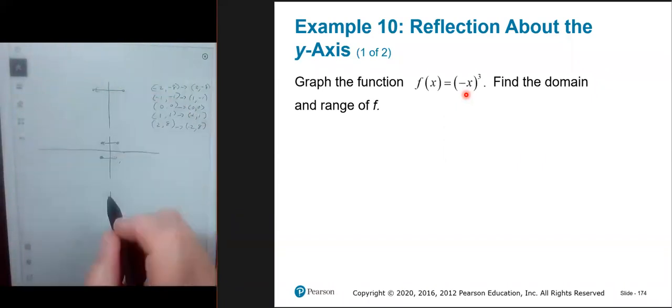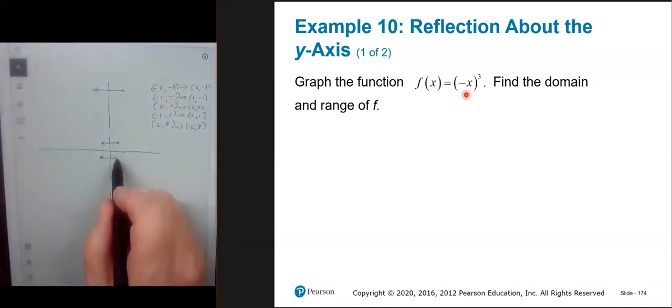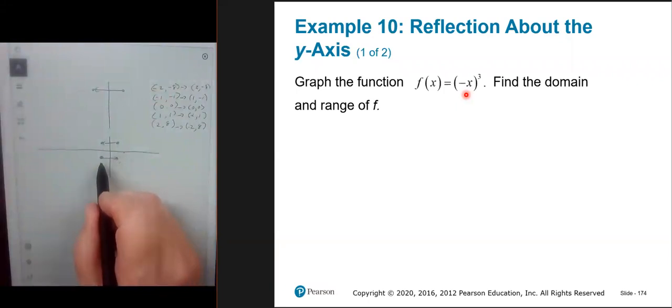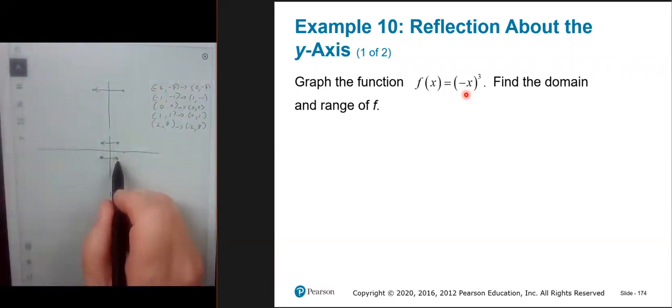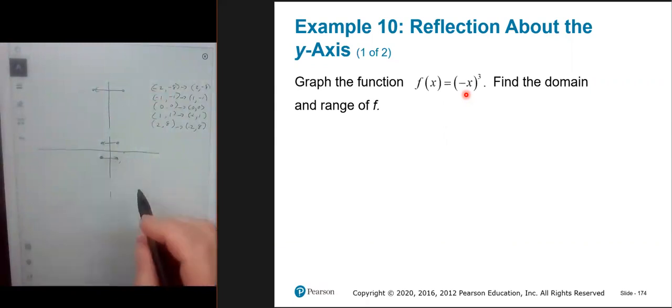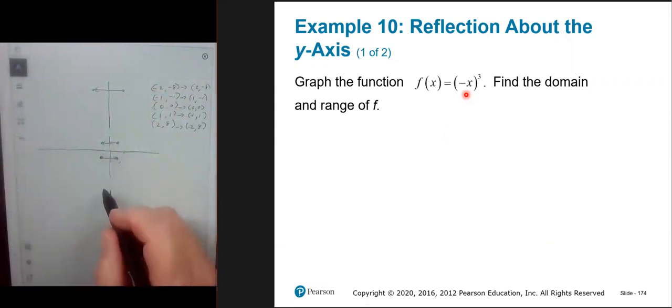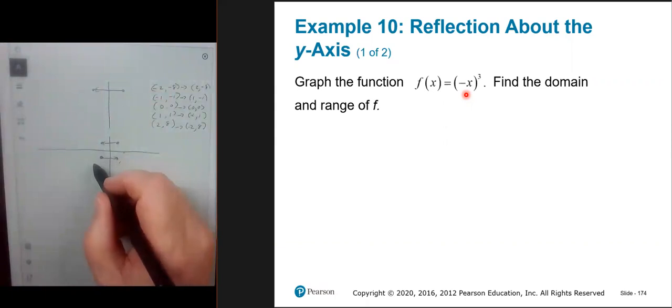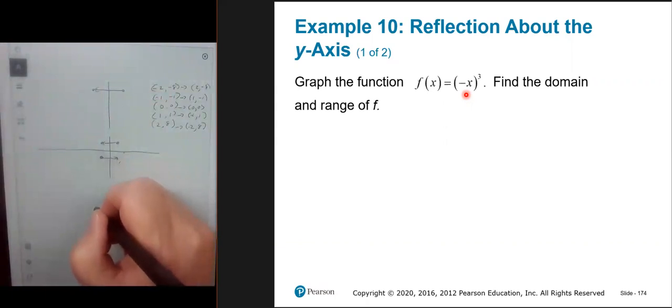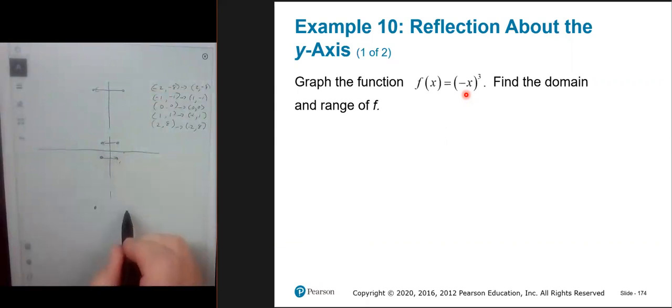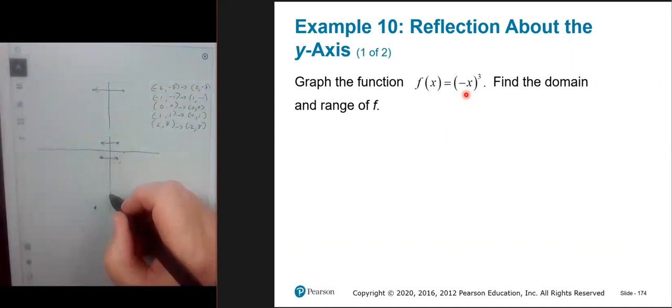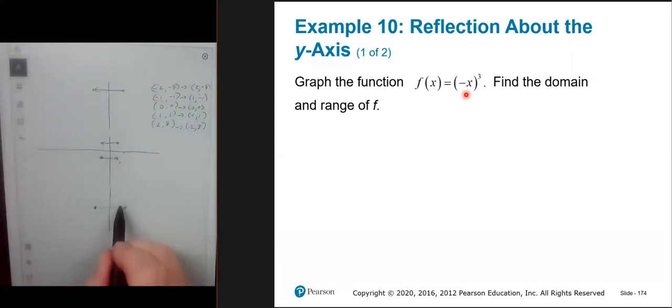The x value changed its sign. -1 went to +1. So -1, -1 went to 1, -1, and then -2, -8. 5, 6, 7, 8. -2, -8 comes over here to +2, -8. So it got moved over to there.